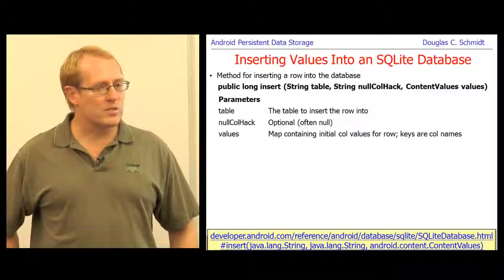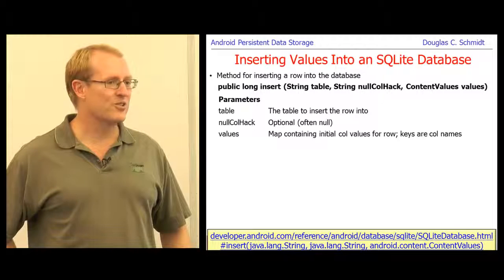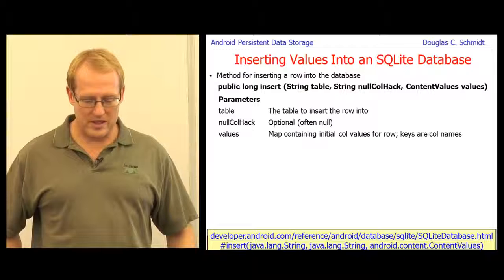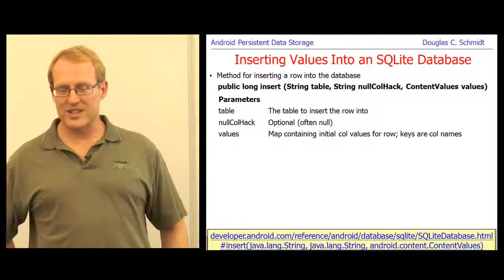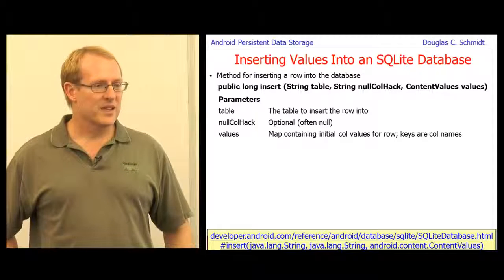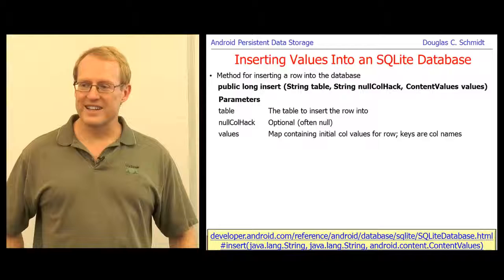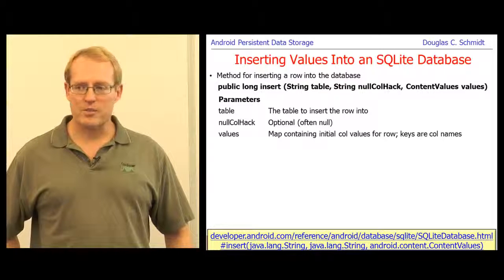So before we show some examples, let's talk a little bit more about some of the operations that are defined on an SQLite database. These are some of the things that you can do on it. One of the things you can do, of course, makes sense, is insert something. That's the create part. That's the C part in the CRUD operations. So you're creating something, you're inserting something into the database.